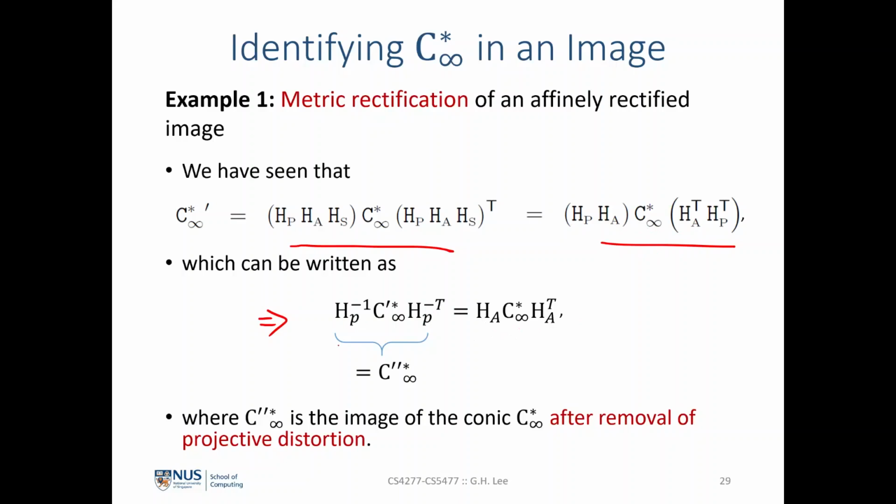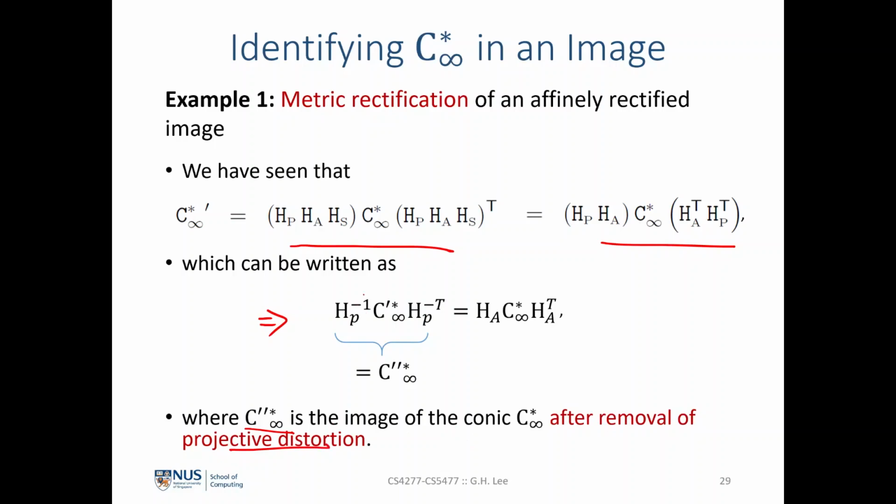So now let us collectively write this term on the left side as C double prime star infinity, where this C double prime star infinity denotes the image of the conic after removal of the projective distortion.